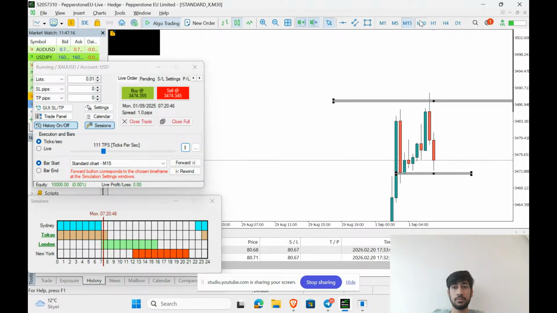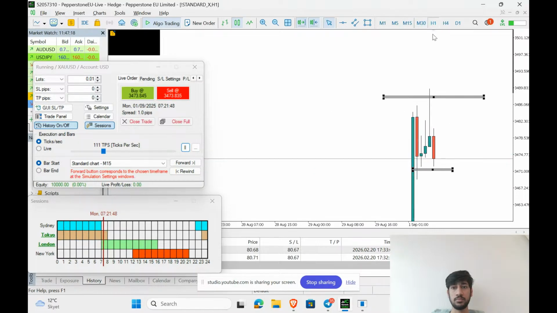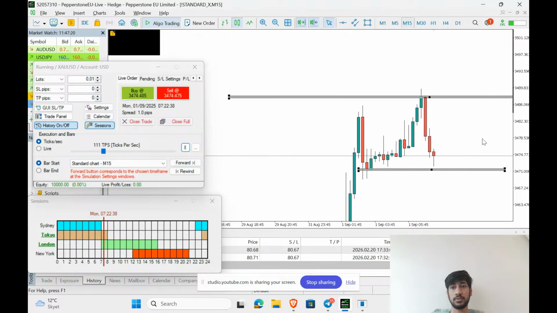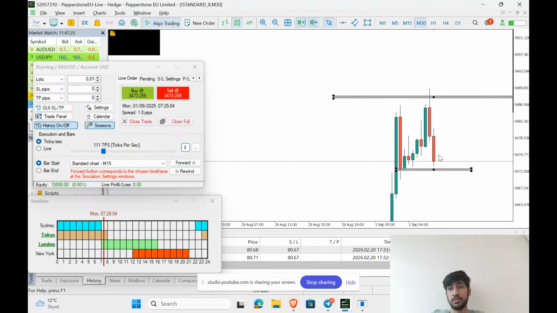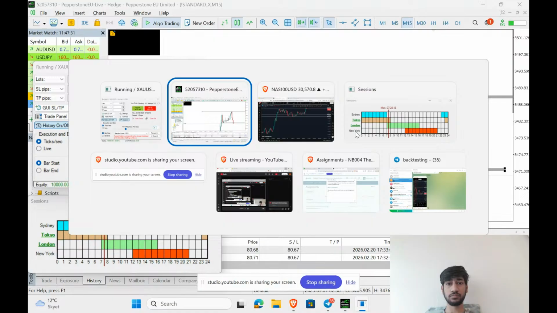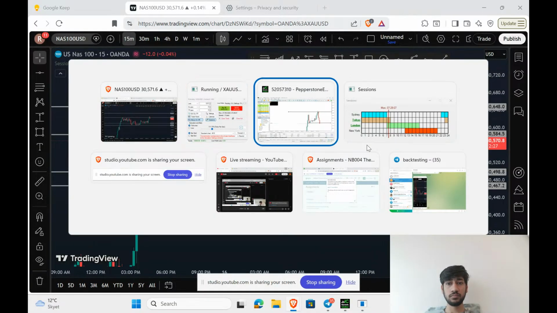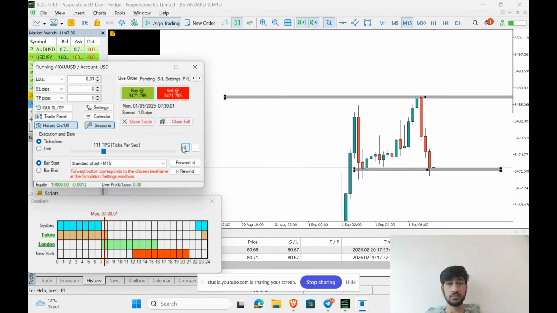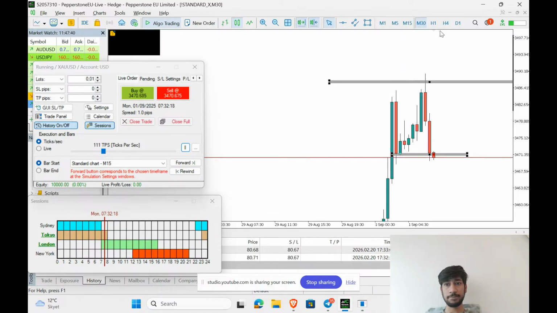So what I'm looking for now is some sort of support being formed on the 15-minute time frame, which leads to the 30-minute being closed something like a doji, which is also a good sign to go up. 30-minute closed bearish.